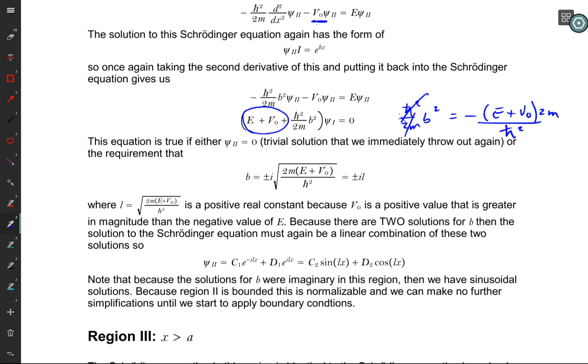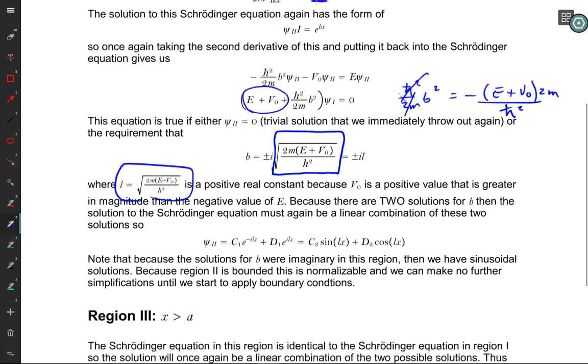You have to pay attention to what the V0 and E are to make sure you, oh yes, this is going to be square root of a negative. And so that's why we define this here. Notice the minus sign is removed. We define that as L. And then we have plus or minus iL because we had plus or minus for the square root and i because it was the square root of a negative value.